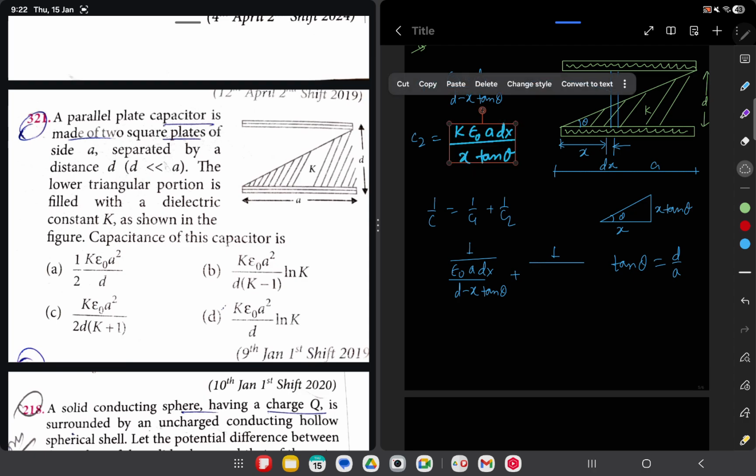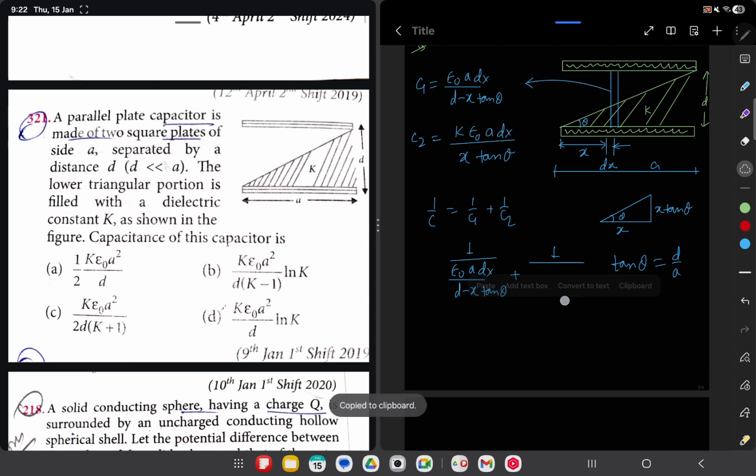This is your c2. So this d minus x tan theta will go upward, and this one will be x tan theta.